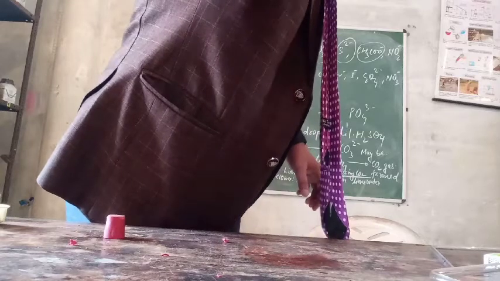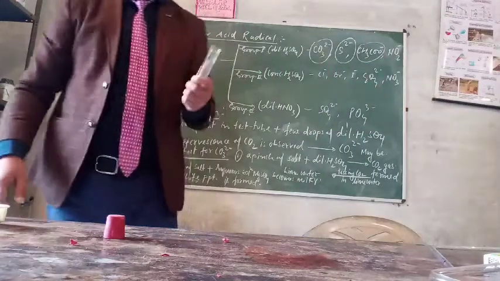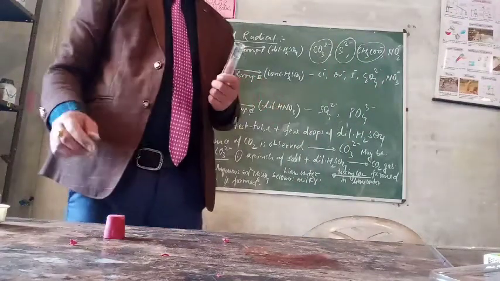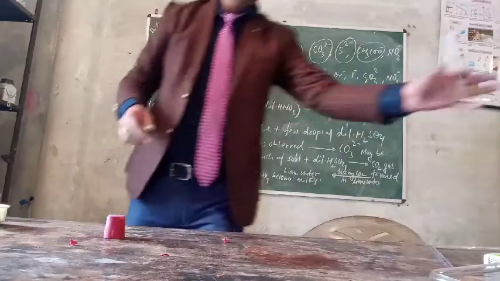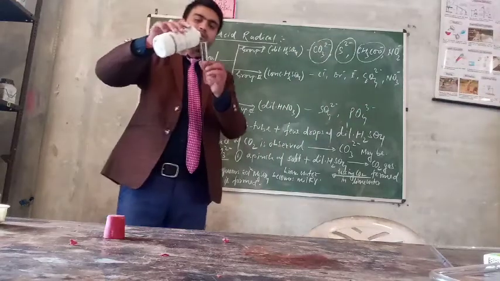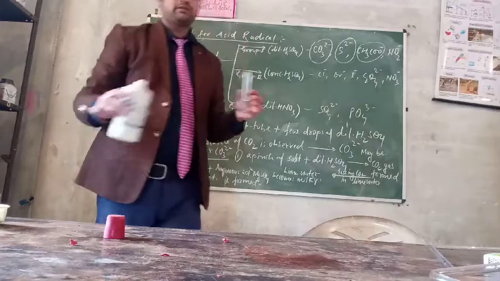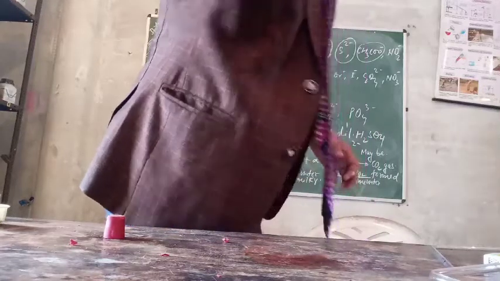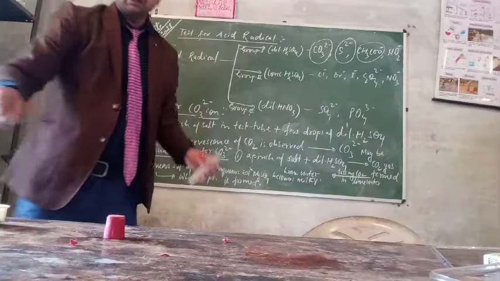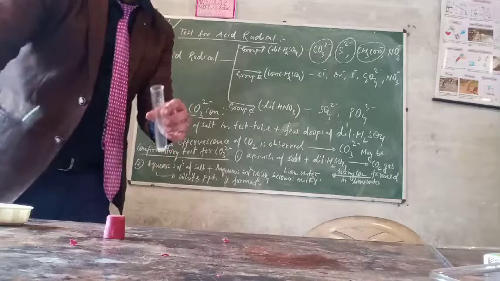First I will take the lime water, and then after we add the dilute H2SO4 into the salt, we will pass the gas into the lime water. This is the lime water, and we take another boiling tube and add the salt into it.